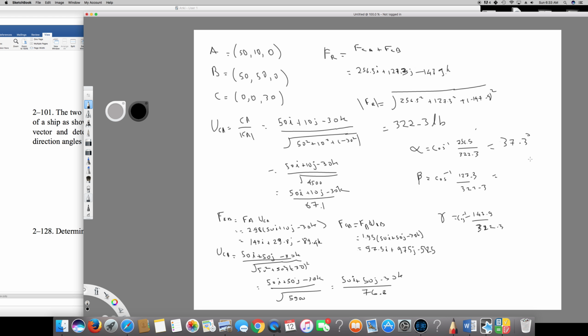If I find beta, it's going to be cos inverse of 127.3 divided by 322.3. It's going to be equal to 66.7 degrees.